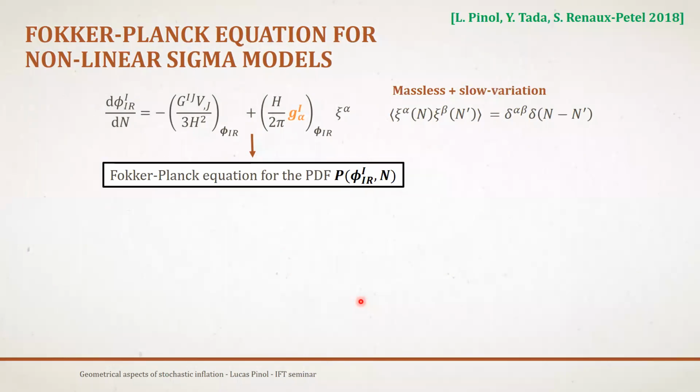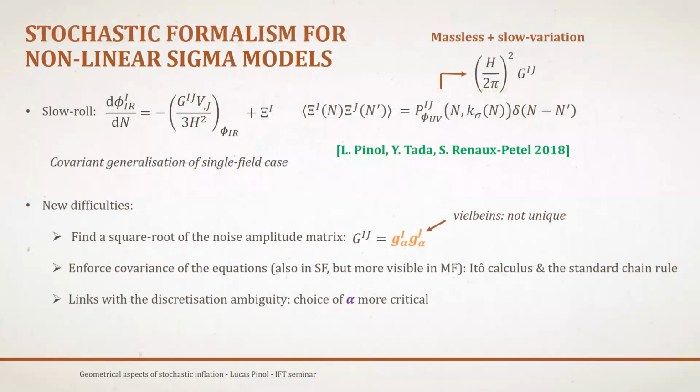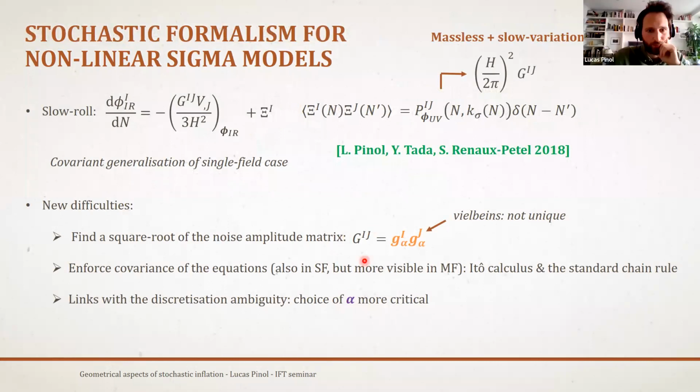Lucas? Yes. Sorry, maybe stupid. Can you go back one slide? Yes. So the G_ij here, the noise amplitude matrix, when you just call it the same, is it not the G_ij in front of the kinetic term? Yeah, it is. That's the field space metric.